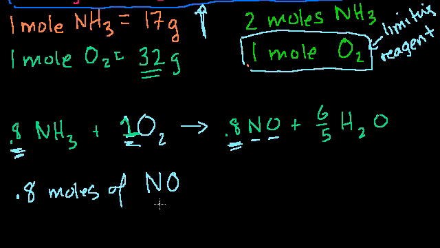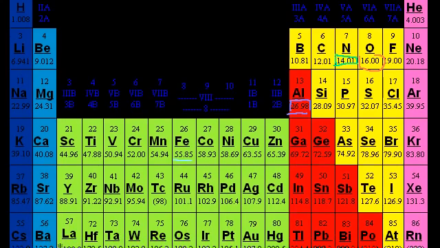So what's the molecular mass of nitrogen monoxide? Nitrogen is 14 atomic mass units. Oxygen is 16. We've done that before, but you can confirm here. Oxygen is 16, nitrogen is 14.